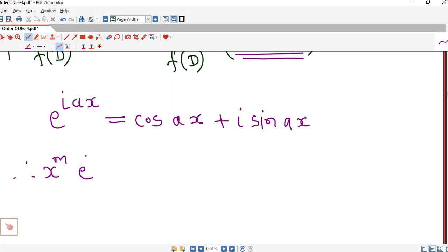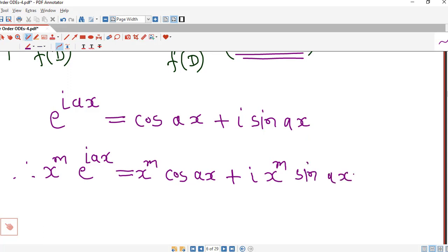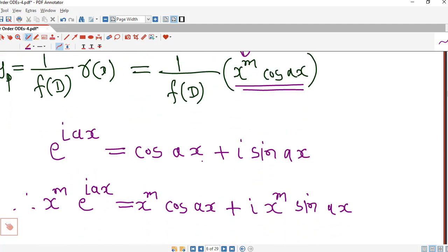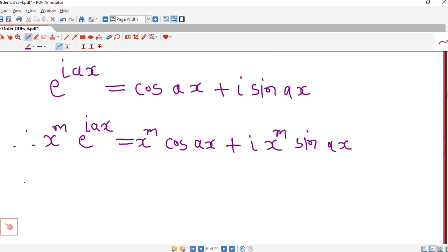x to the power m e raised to i ax equal to x to the power m cos ax plus i times x to the power m sin ax. Now we consider 1 over f of D on both sides of this equation.